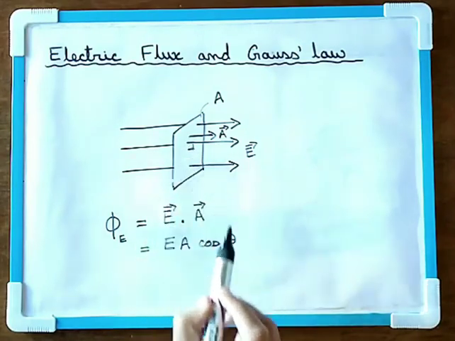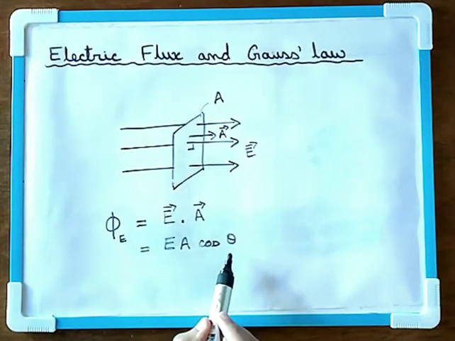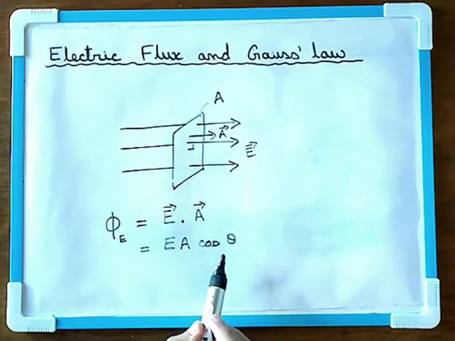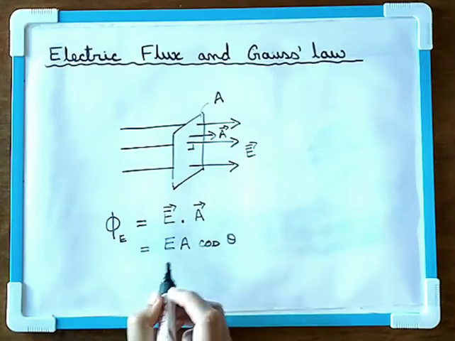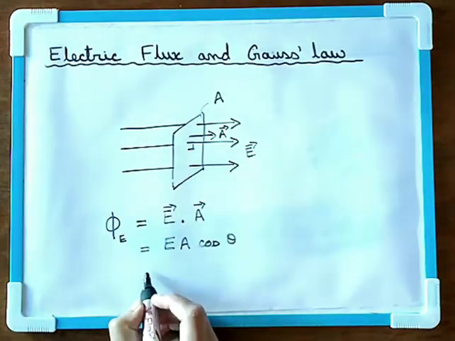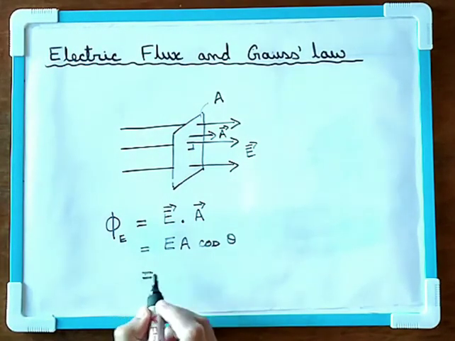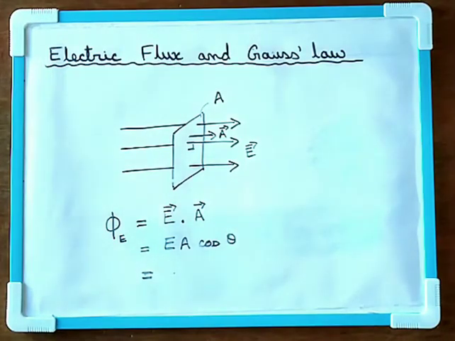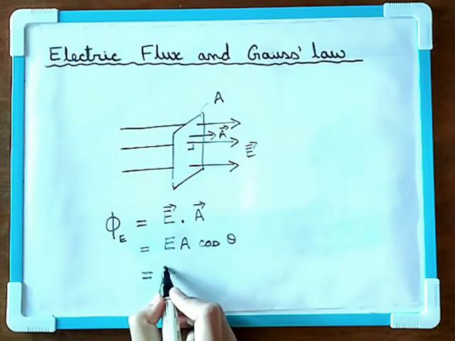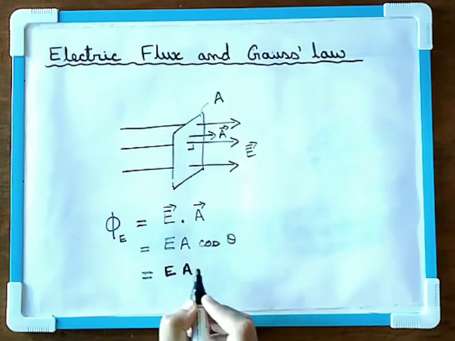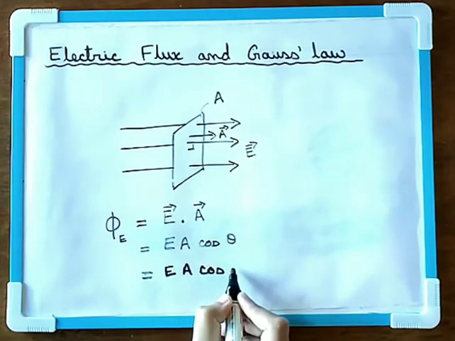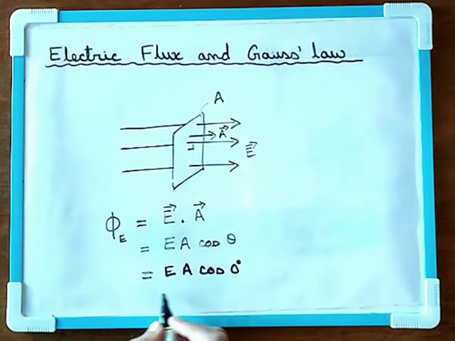So in this case, this angle theta will be equal to 0, and in this case you'll have EA cos of 0 degrees, and cos of 0 is 1, so it will be equal to EA.